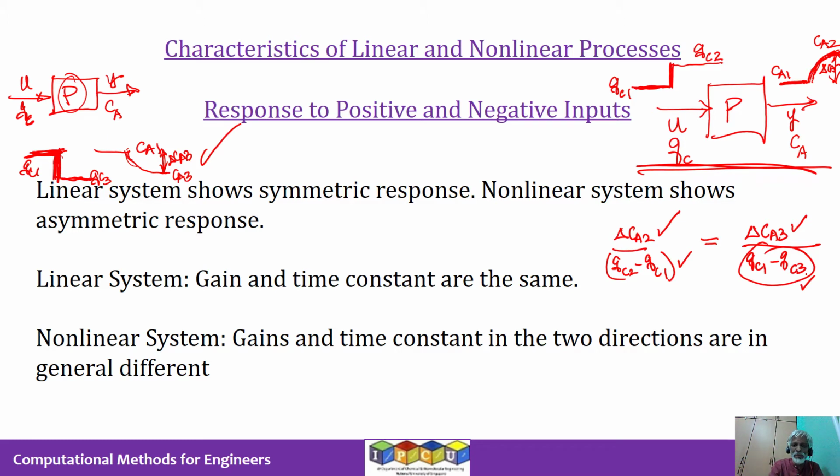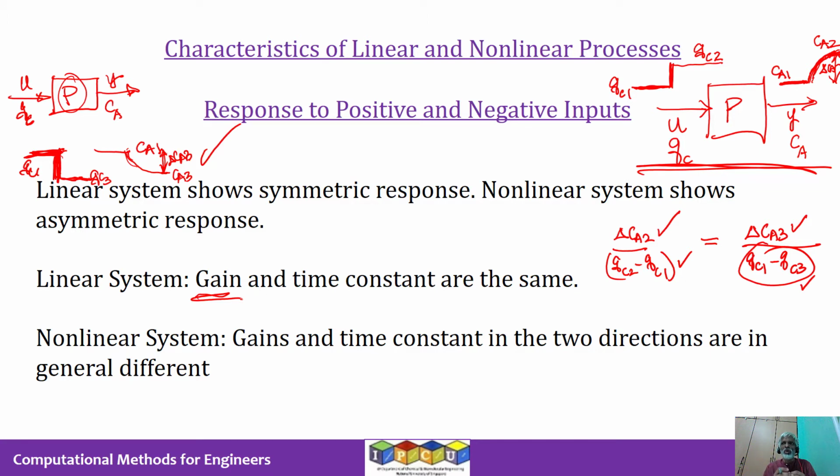So that is what we mean by saying that the gain is the same, right? So gain is nothing but the net change in the output divided by the net change in the input. For a linear system, in both directions, these gains will be the same, right? So that calculation of gain is based on the net change in output divided by the net change in input.